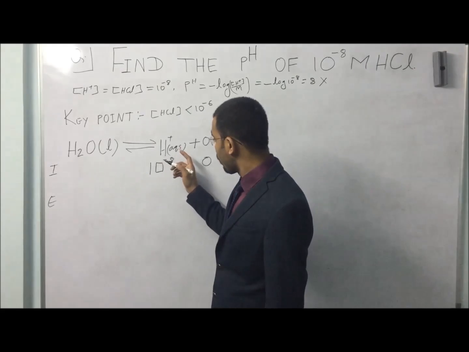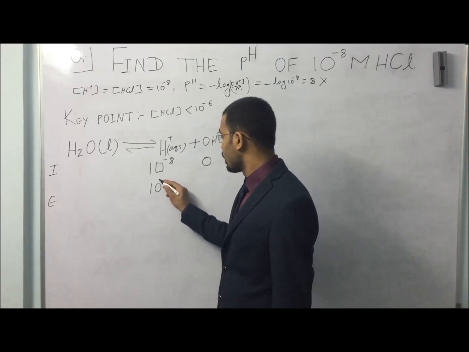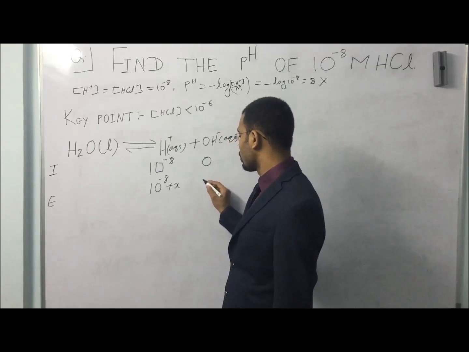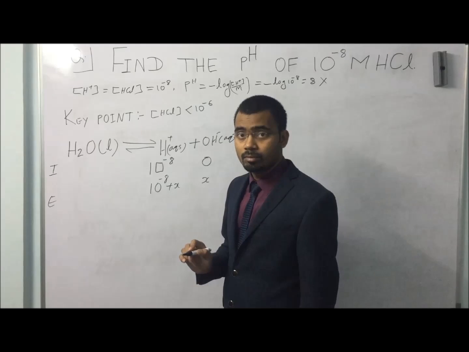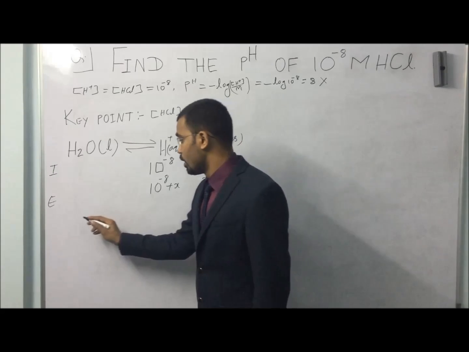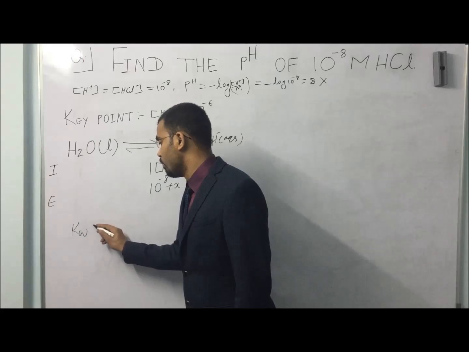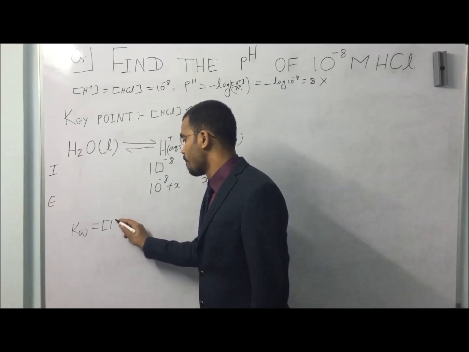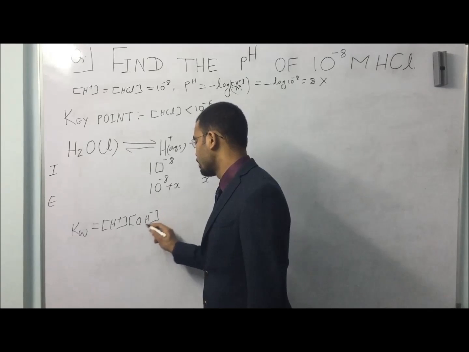So the concentration of H plus will be 10 raised to minus 8 plus X, and the concentration of OH minus will be X. So according to the definition of ionic product, Kw will be concentration of H plus into concentration of OH minus.